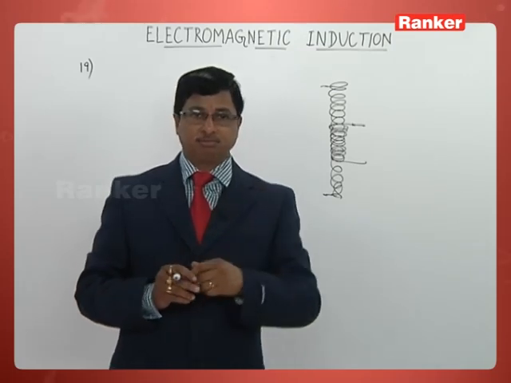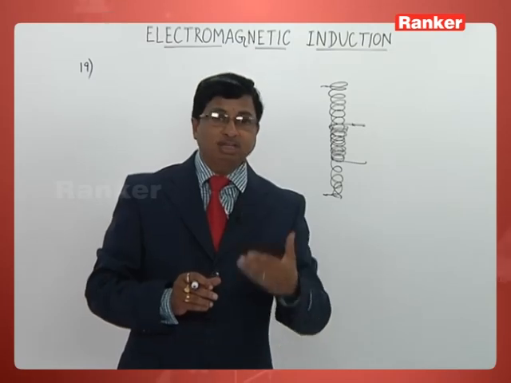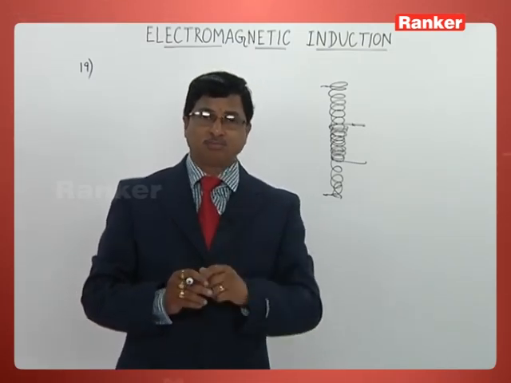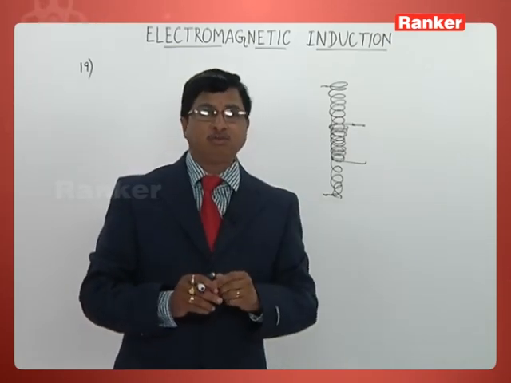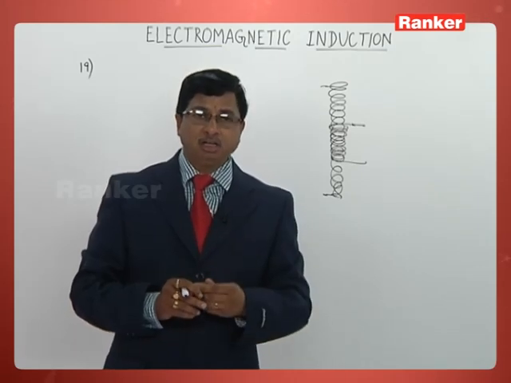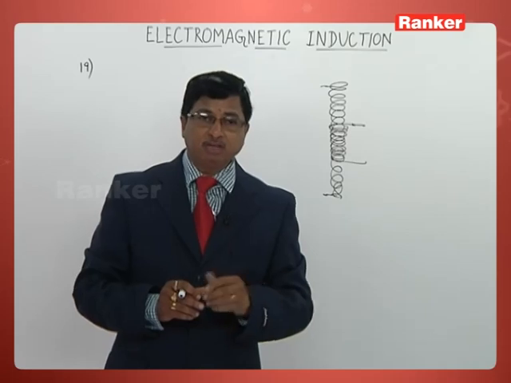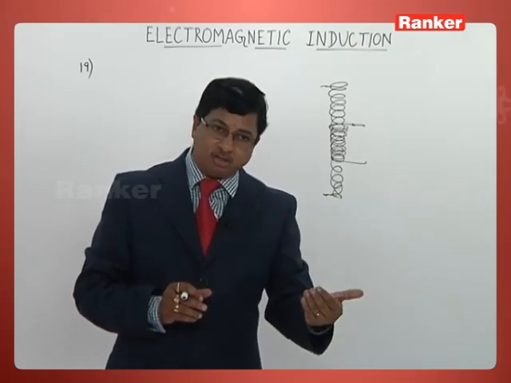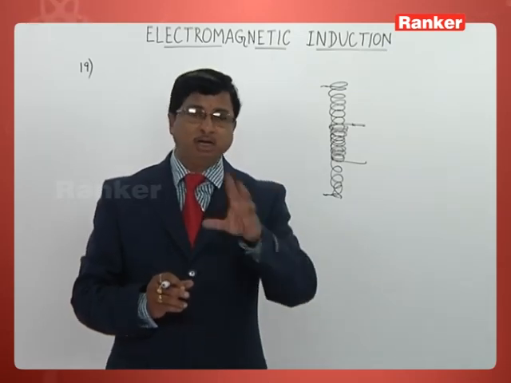E for EMF. Di by dt in this particular concept is nothing other than rate of change of current over there. So if you take the cross multiplied value of this one, you will be getting the value of E, which is induced EMF, is now going to be the coefficient of mutual inductance into di by dt.